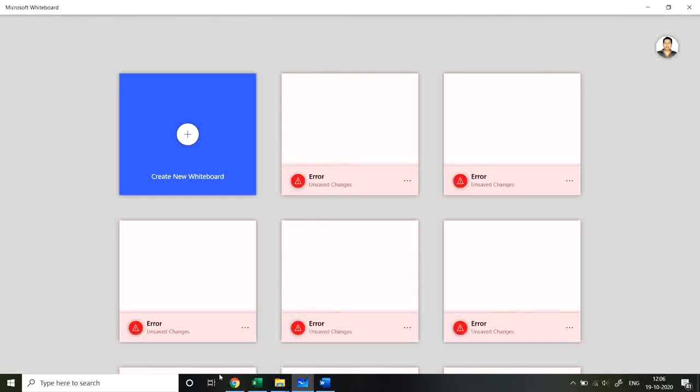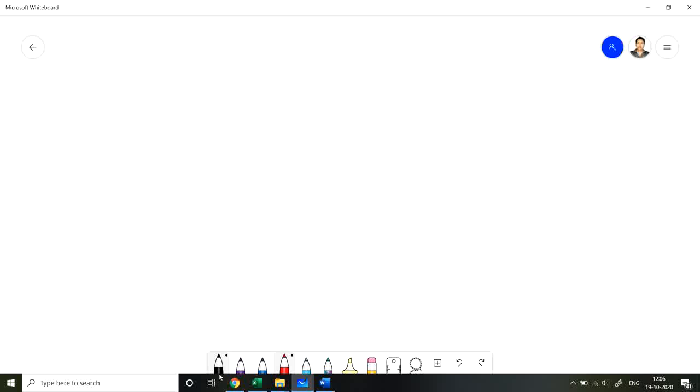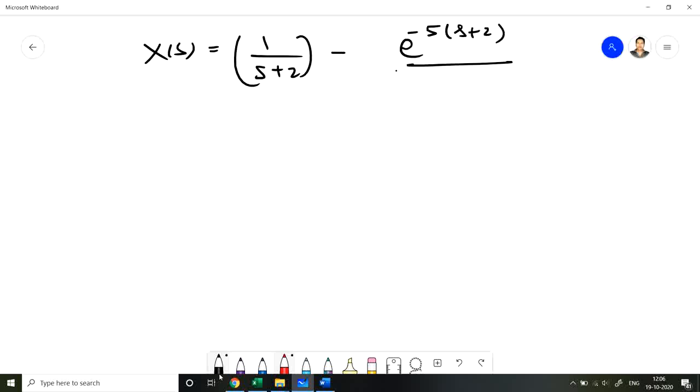Now we can solve this. The solution of this is X(s) is equal to 1 divided by (s + 2) minus e^(−5(s+2)) divided by (s + 2). And what is the ROC? The ROC is very simple to calculate.